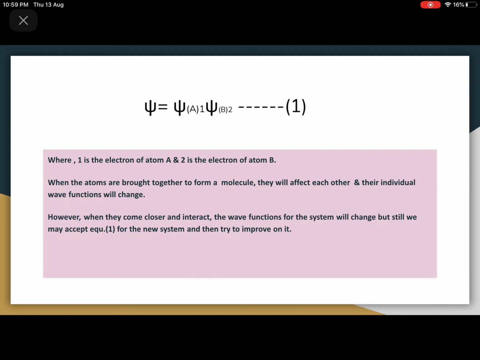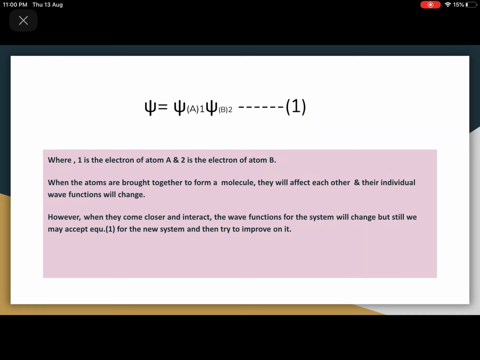When the atoms are brought together to form a molecule, they will affect each other and their individual functions will change. When they come closer and interact, the wave functions for the system will also change. But still we may accept equation 1 for the new system and then try to improve on it.